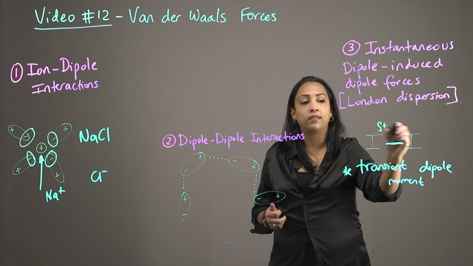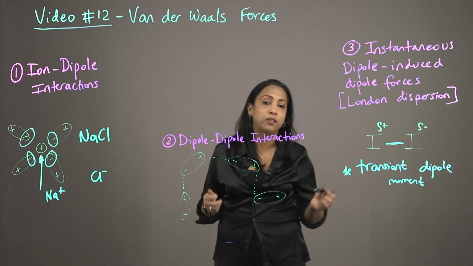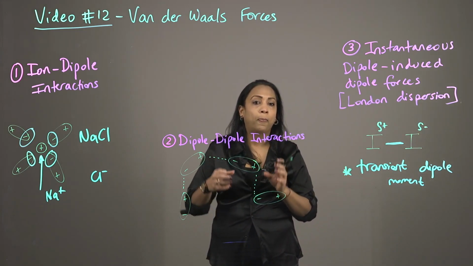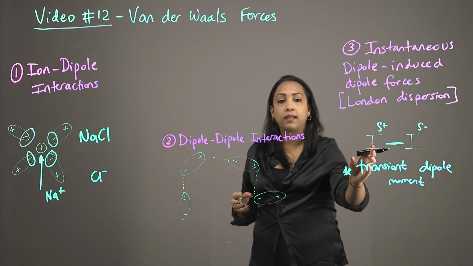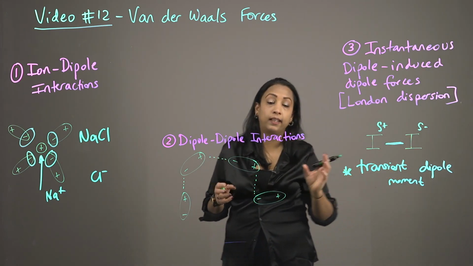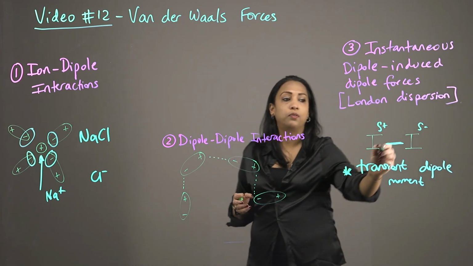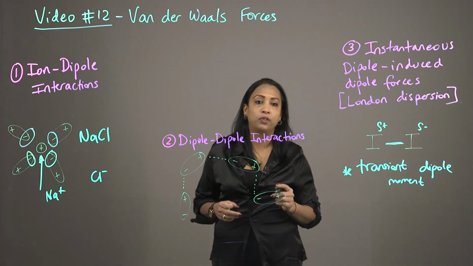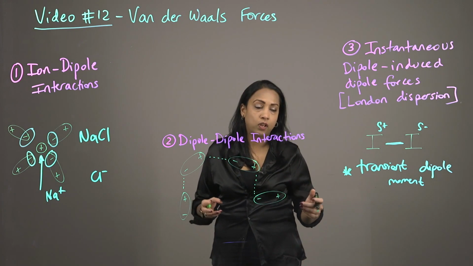So in that case, we can have a slightly positive charge being present on one atom of the molecule at any given time, which allows the other atom of the molecule to develop a slightly negative charge.